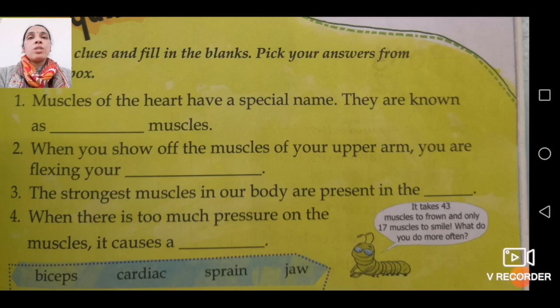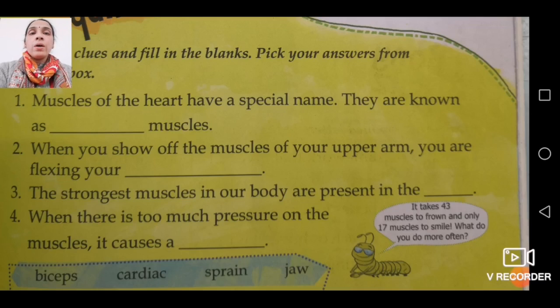Number 3, the strongest muscles in our body are present in the jaw, because only the lower jaw is movable, the upper jaw is not movable. That's why the jaw muscles are quite strong muscles.